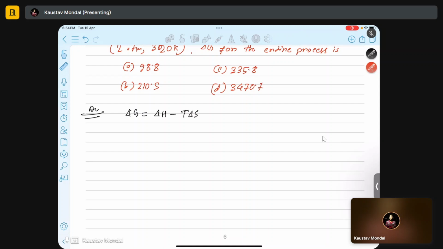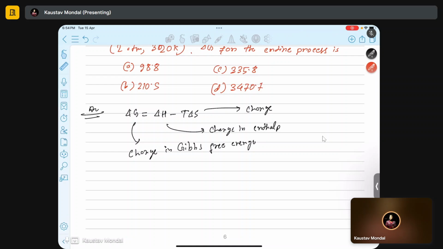This is the change in Gibbs free energy. Delta H is the change in enthalpy, and delta S is the change in entropy. Fine. So basically, you have to calculate these quantities.